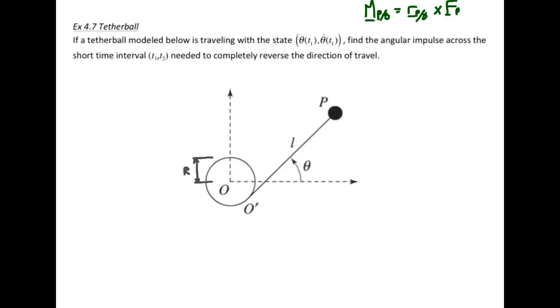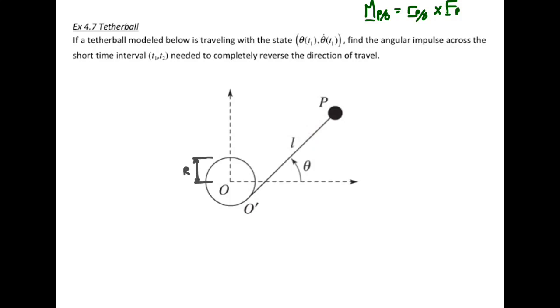And so let's apply this to an interesting problem in which we have a tether ball wrapping around a pole. Let's take a look at this model. When theta is equal to 0, we've got our ball, our tether ball, point P, and then its attachment to the pole.